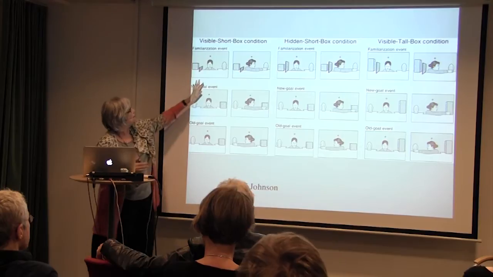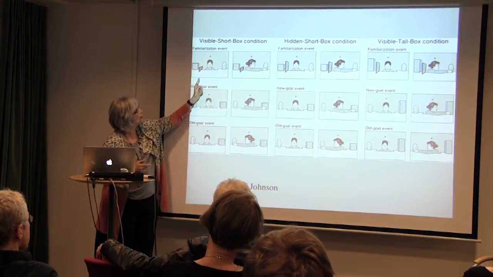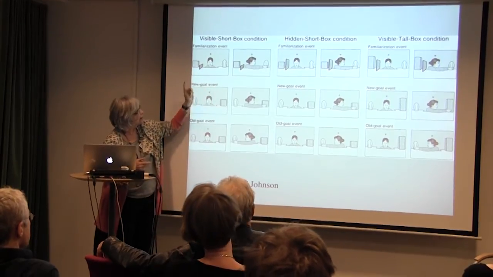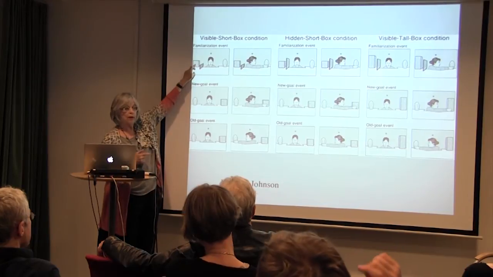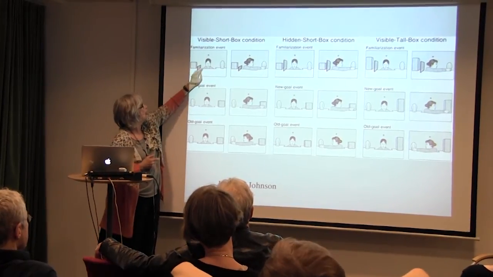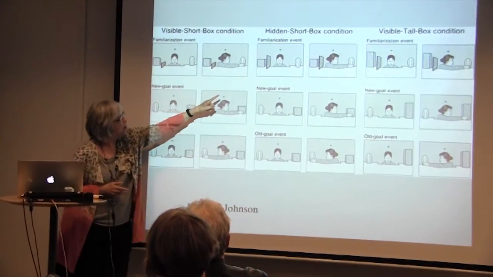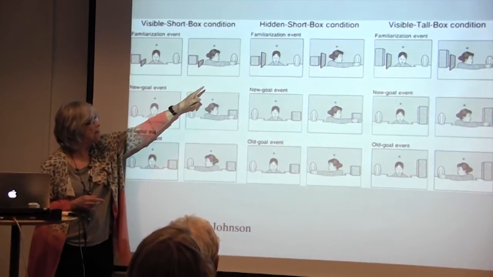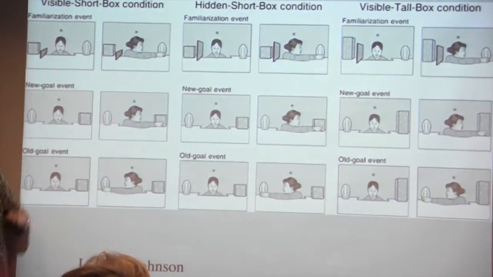So this is the same kind of experiment. So the person is reaching for one of them, over and over again, right? But in some cases, the other one that they don't prefer is blocked from this person, not here. This person can see this one, but in the middle one, the person can't see that box there, and in the one over there, they can again because the box is higher, okay?